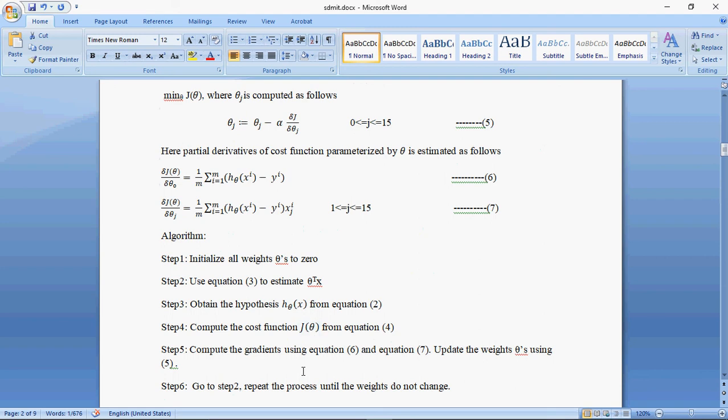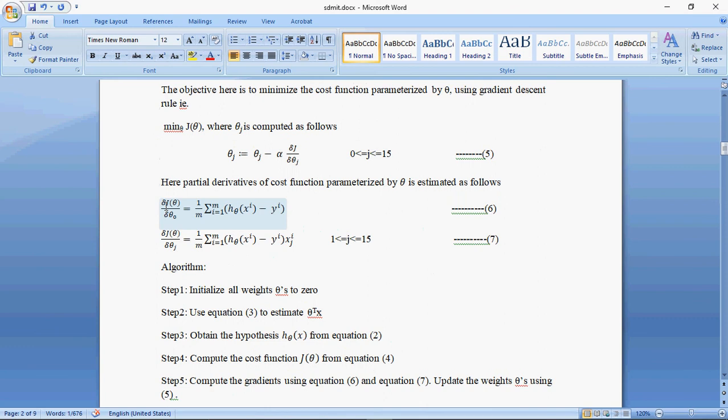So once we estimate j, then re-evaluate the gradients, find all the gradients like dou j by dou theta naught, dou j by dou theta 1 till dou j by dou theta 15. So measure all the gradients starting from theta naught to theta 15. For that we will make use of these two equations, equation 6 and equation 7.